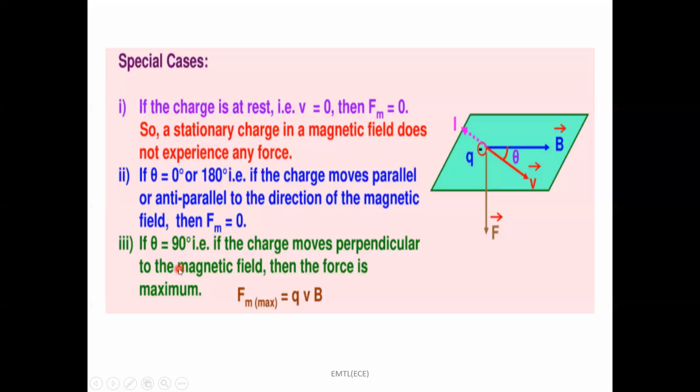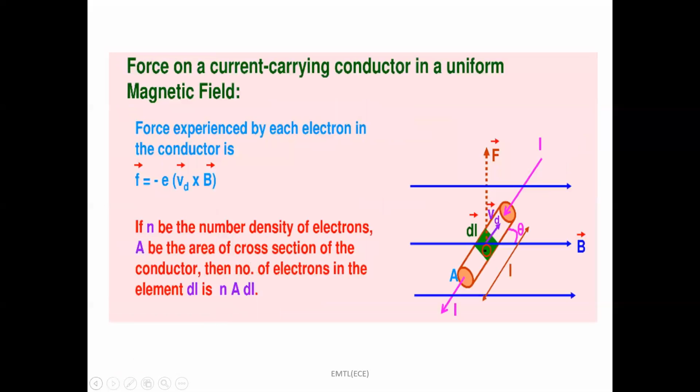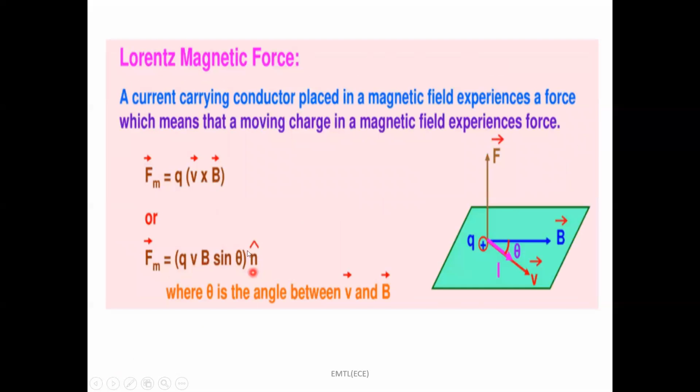Now the last case is theta equal to 90. That means the velocity and the magnetic field are perpendicular. Then the force exerted on the particle is Fm equals QVB. Why? Because as we substitute theta 90 in this expression, sin 90 is 1.